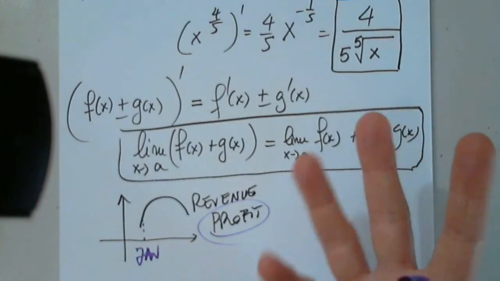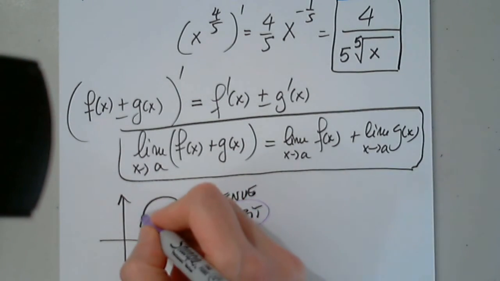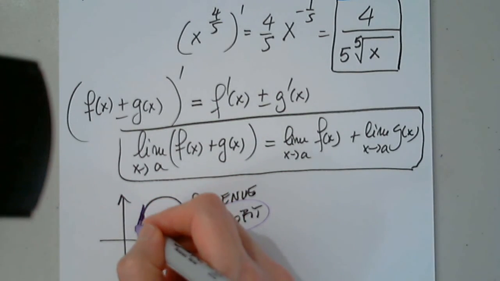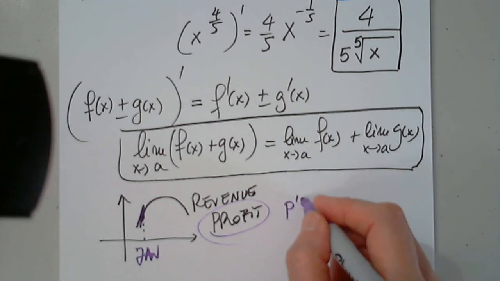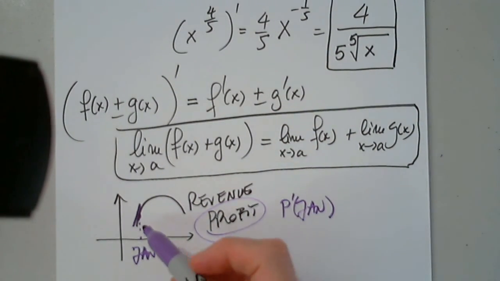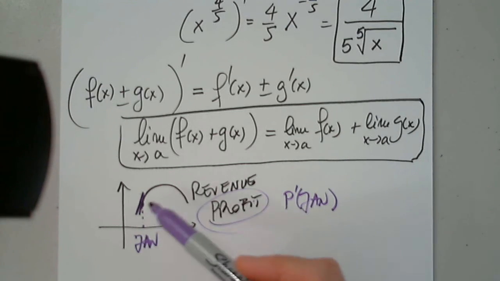Is it increasing? Is it decreasing? On this function, we find the slope of the tangent, or simply find P prime for January, and say, boss, the profit is positive.